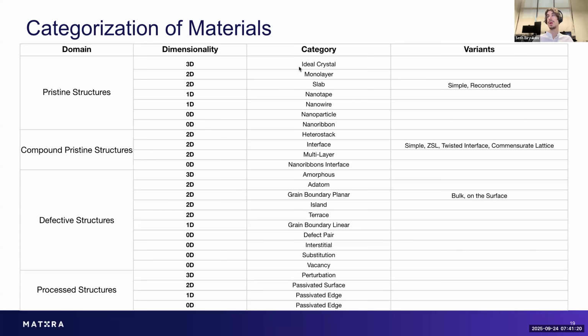And further down, each of them has its own category. For example, ideal crystal, slab, interface, or point defects. And we also have variants which split each material even further to show how it was acquired. So, for example, for the interface, we have simple, ZSL interface, twisted interface, and others.